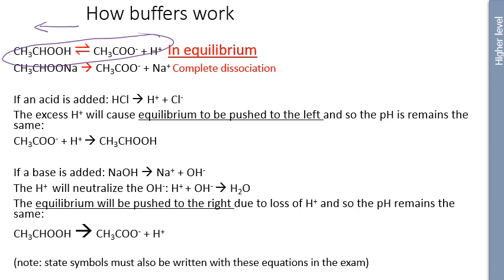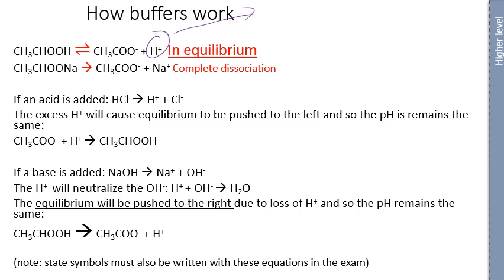And if a base is added, for example sodium hydroxide, because that will completely dissociate to form sodium ions and hydroxide ions, then the equilibrium will move to the right, because protons will be taken out of the equilibrium, as protons react with the hydroxide ions to form water.